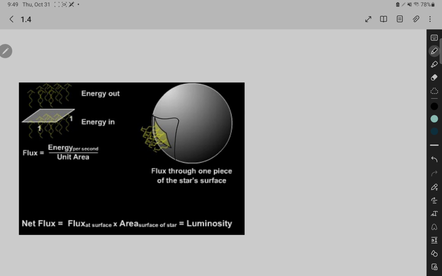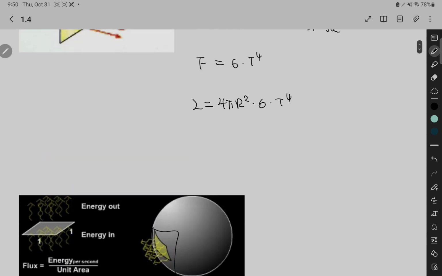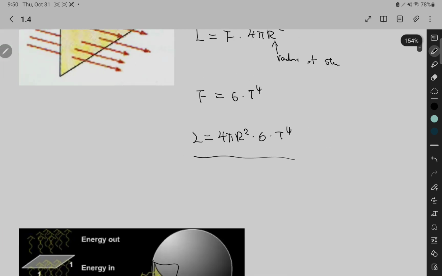So the net flux, as you can see in this image, is equal to the flux at the surface times the area of the surface of the star, which is equal to the luminosity, which in that case would be a ball covered entirely in yellow, with lines going out of it in every direction. If we summarize all of that together, the total amount of energy emitted will be this formula right here. So that's the key takeaway, right?